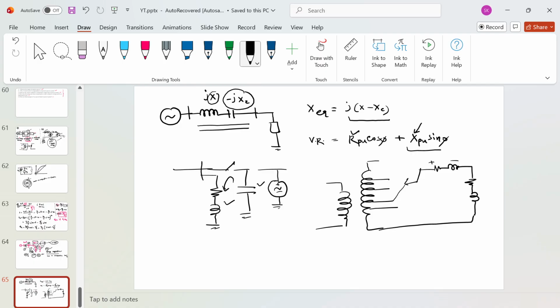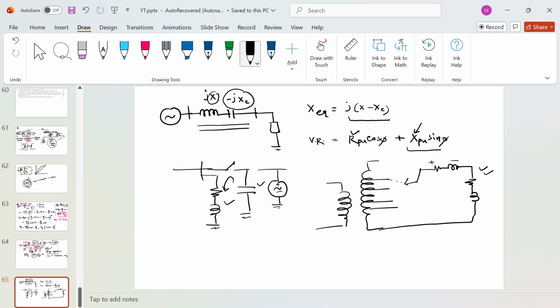So rather, you can just move the tapping point to this point and increase the turns ratio. That will improve the voltage at this point, and it will be able to deliver the active power. So by having the tap changing transformer also, you can improve the voltage regulation.